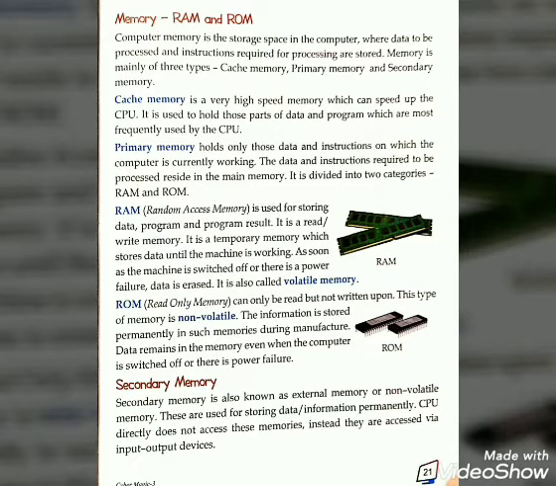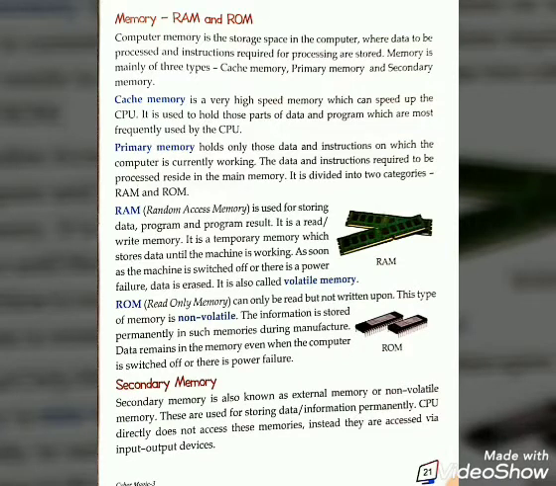So cache memory is very high speed memory and it can speed up with the CPU, and it is used to hold those parts of data and program which are most frequently used by the CPU. Okay, now primary memory. Primary memory holds only those data and instructions on which the computer is currently working.